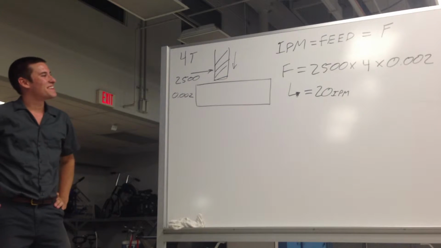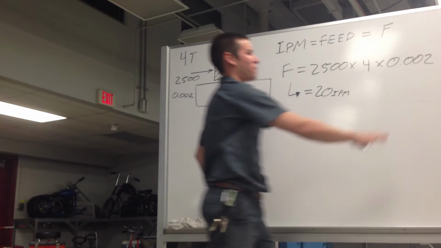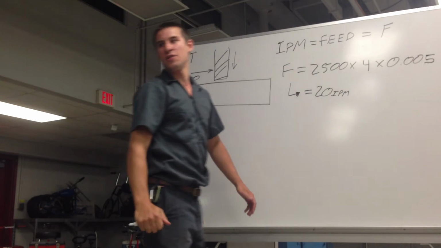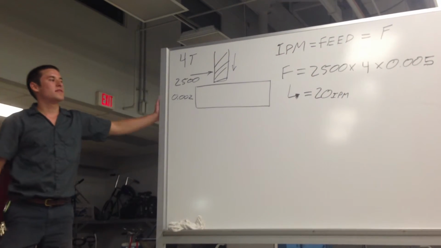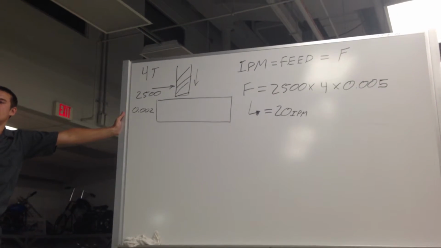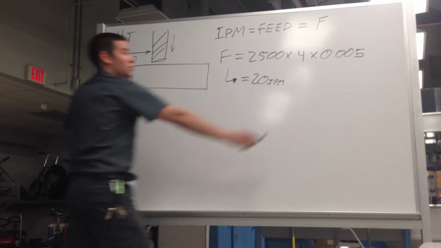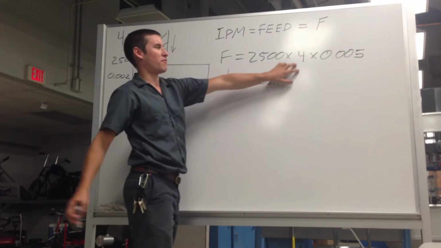Alright, so 20 inches per minute, that's a reasonable feed, I'd say. Let's bump up this feed per tooth here to .005. What's that going to do to our feed rate? It's going to increase it. By how much? We went to 50. See, that's a huge deal right there. Because we're talking about a 4-tooth cutter.